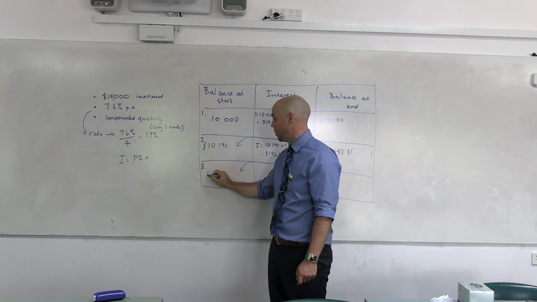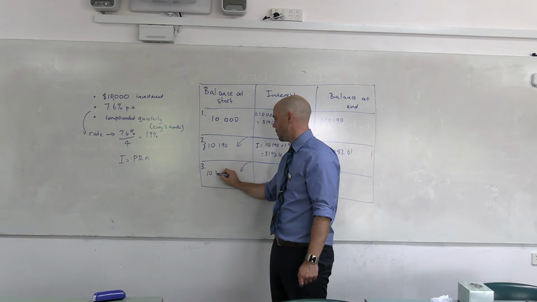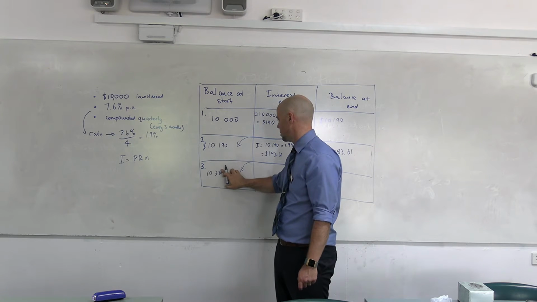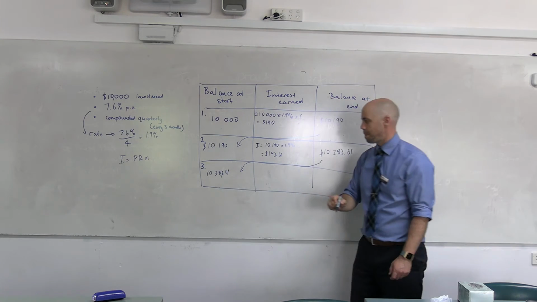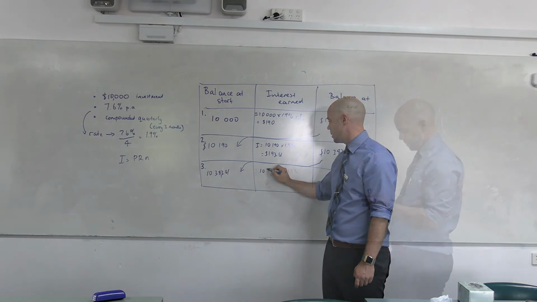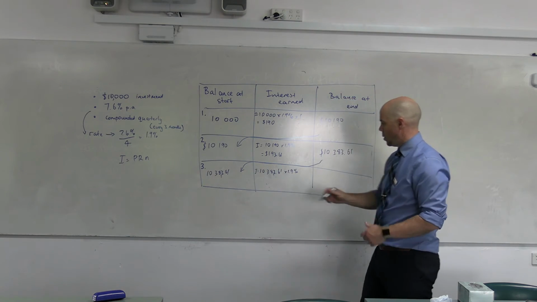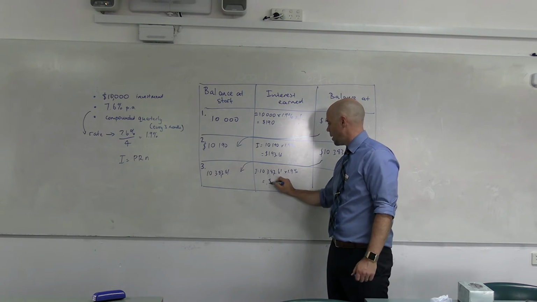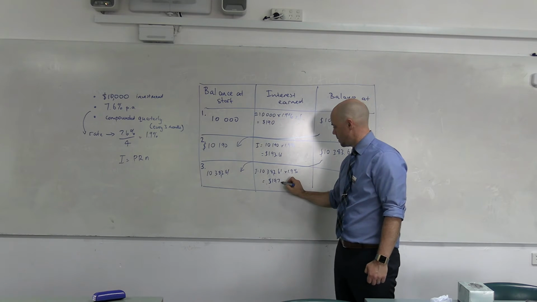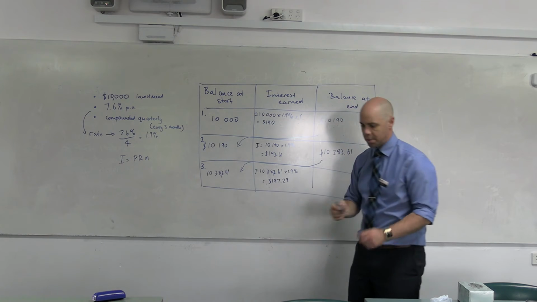So my third interest period starts with that amount. And then in that interest period, I now multiply that amount and I get $197.29 to the nearest cent.